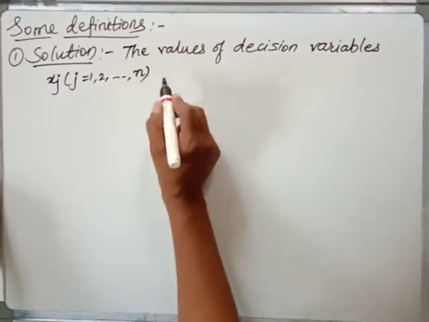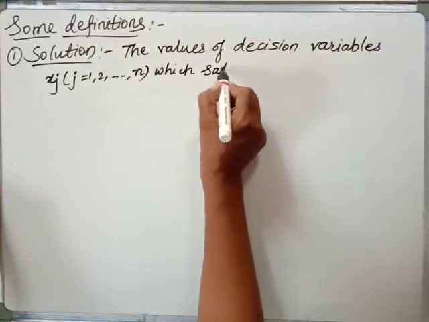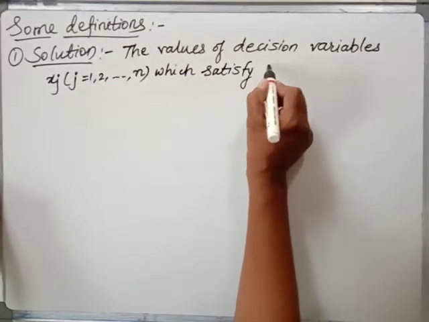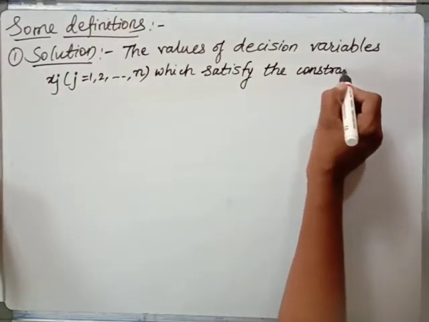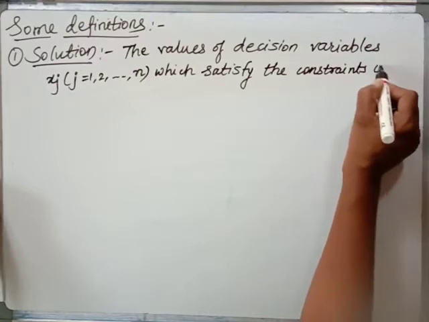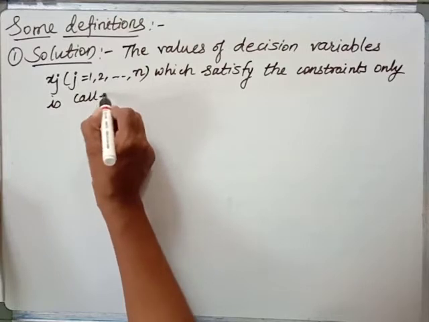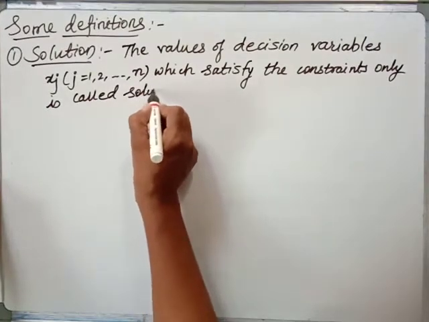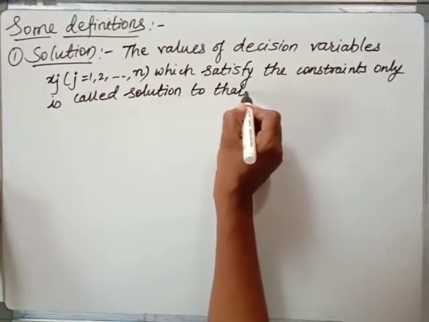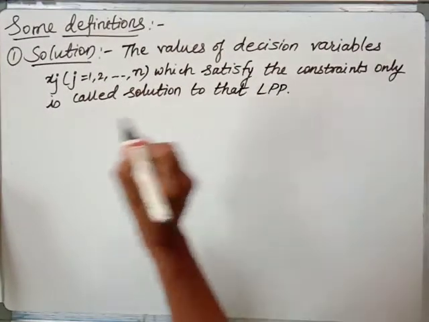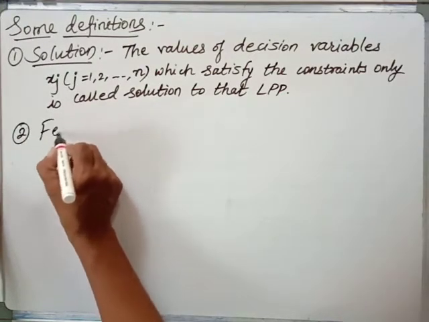So xj, j from 1 to n, which satisfy the constraints only, is called a solution to that LPP.